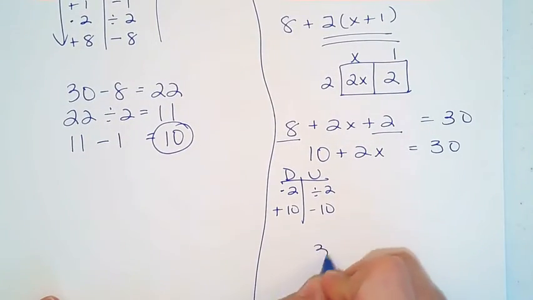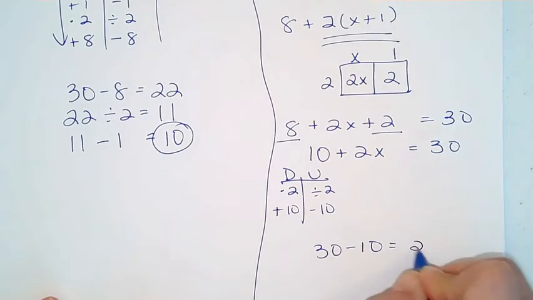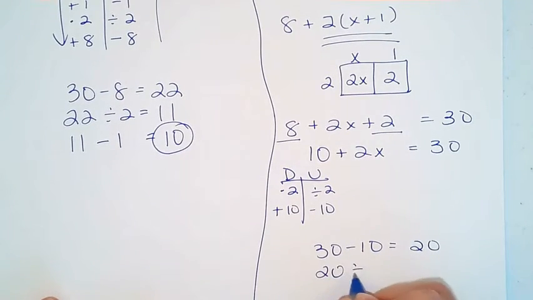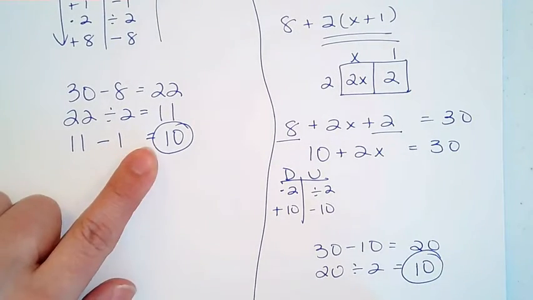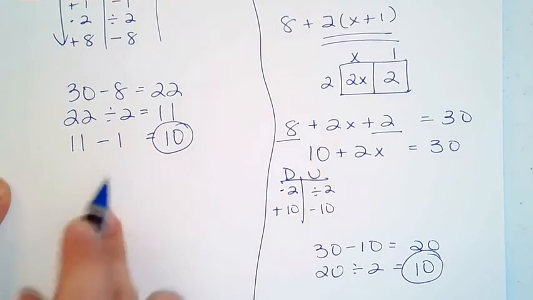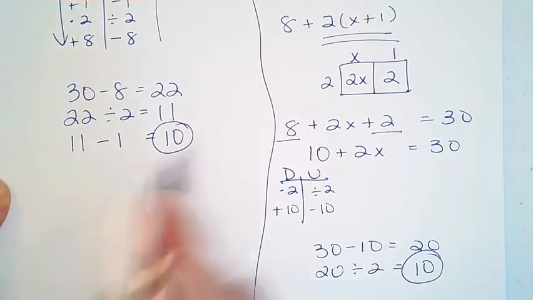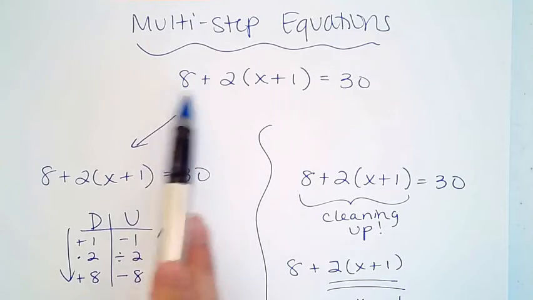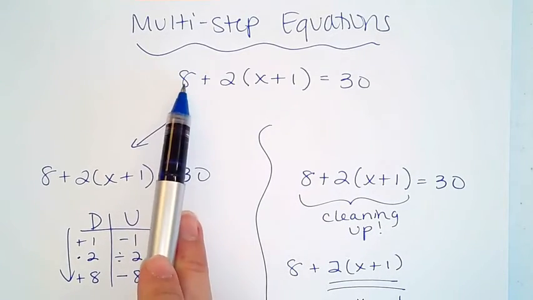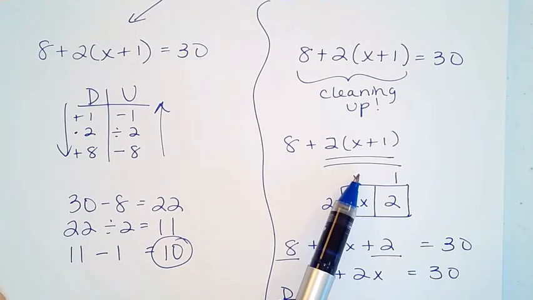And so then I would have 30 minus 10 equals 20, and 20 divided by 2 equals 10. Same answer, 2 different ways. I think we could probably argue this way is nicer, okay? So when we have an original equation that doesn't have a term with an x in it, it's okay to use do undo. But no, we could clean up this side first.